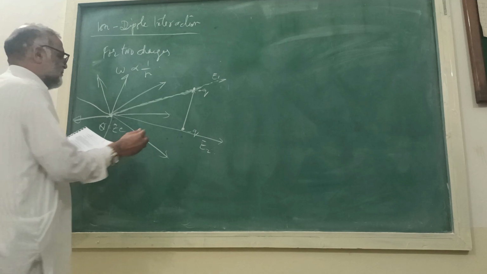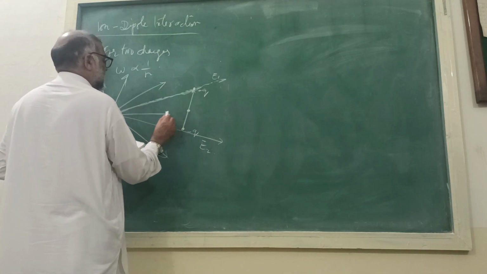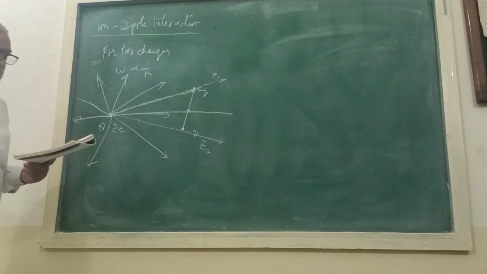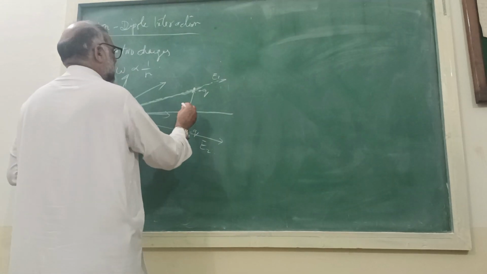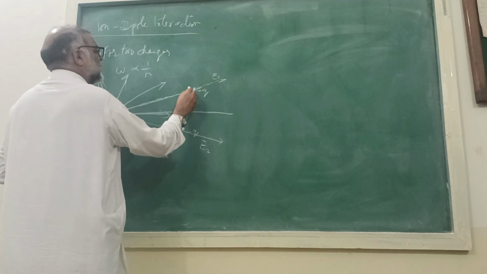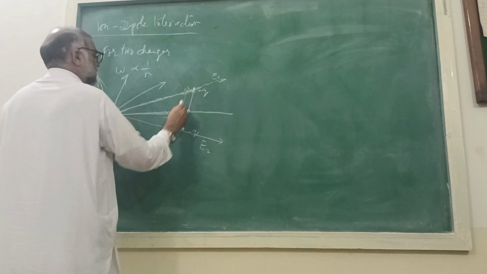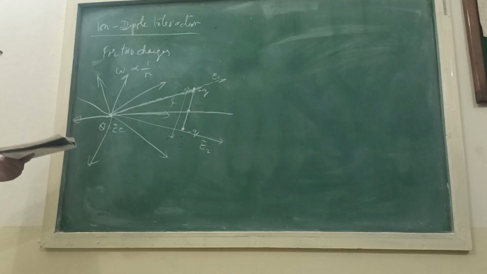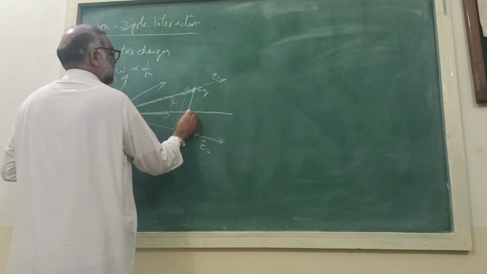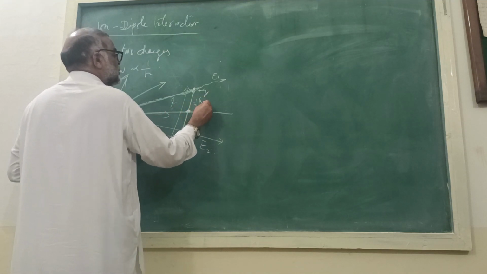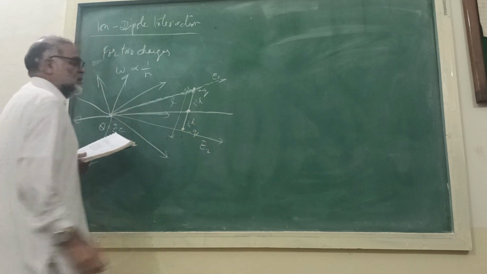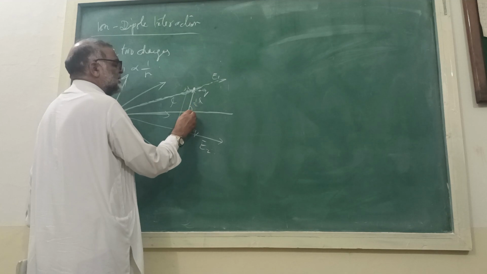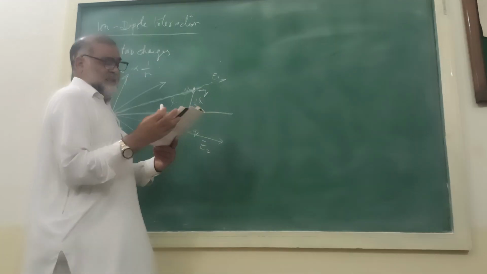Suppose the center is something here. That is the center, right? Suppose the dipole length is L, the total length is L. If this is the middle, then this will be 1 over 2 L, and this will be 1 over 2 L. Suppose the angle that this dipole makes with the direction of the field is theta.